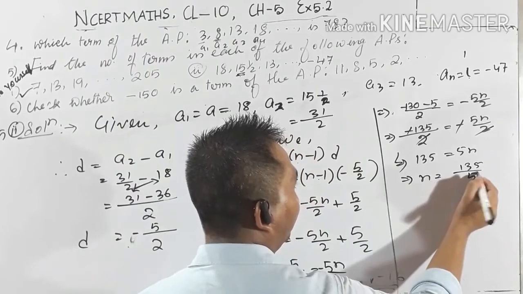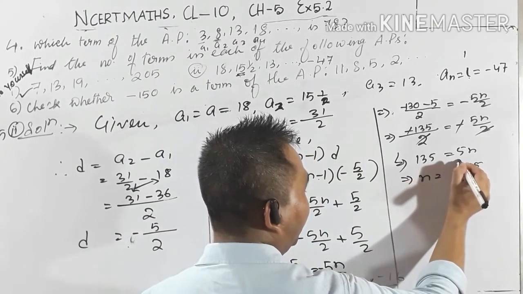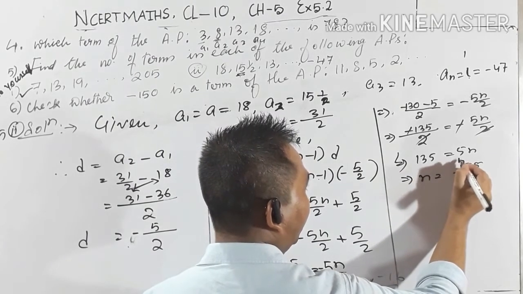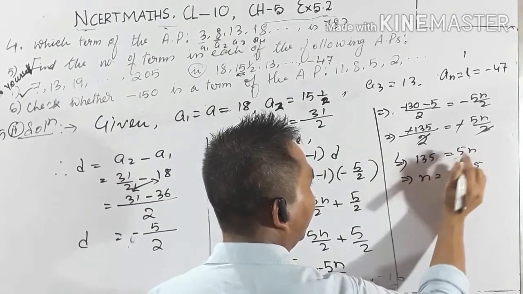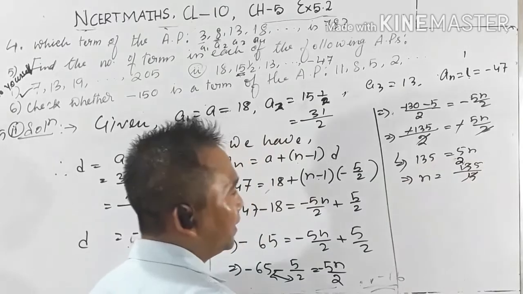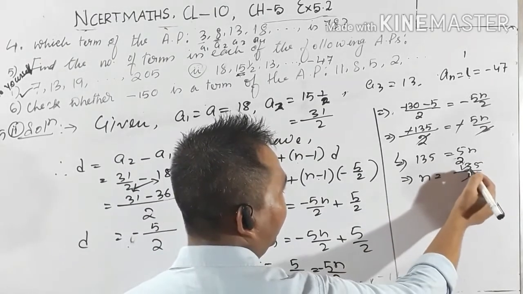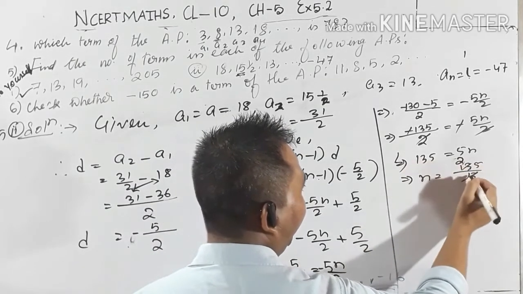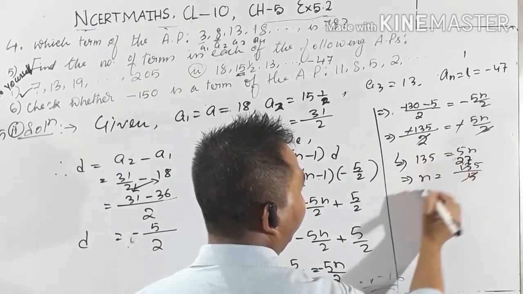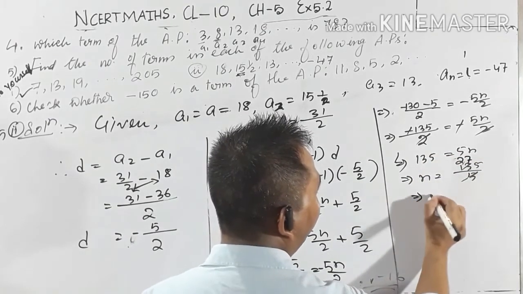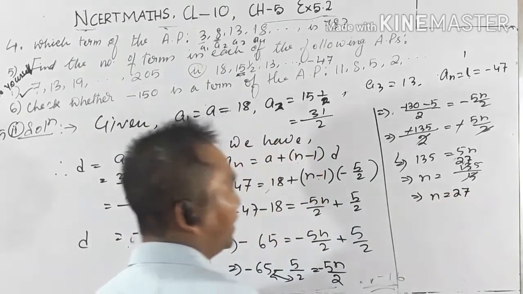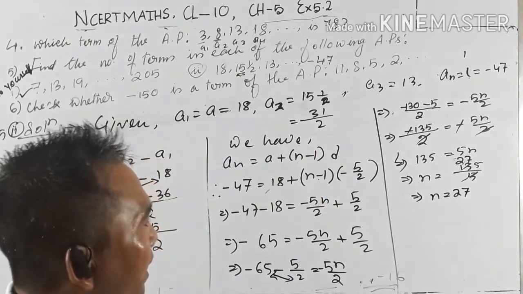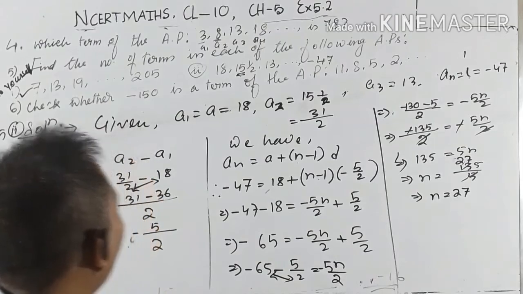So how much will it be? 2 5s are 10, right? So how much is left? 3 and 5. That means 5 7s are 35. That means n equals 27, right? n equals 27. Fine. I hope you understood.